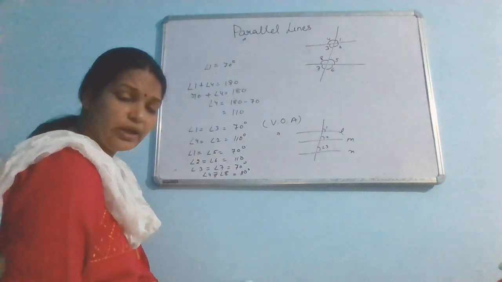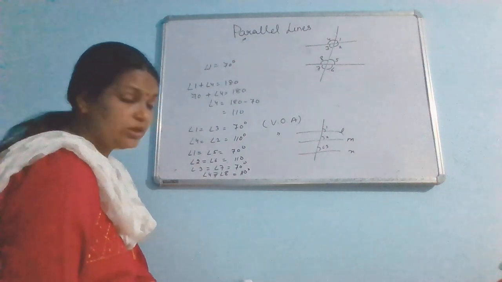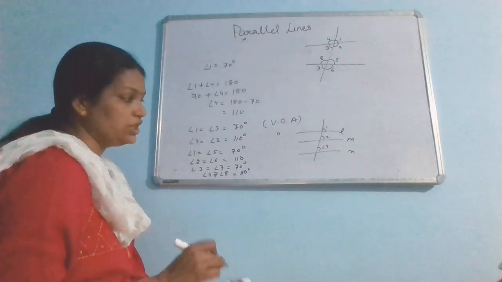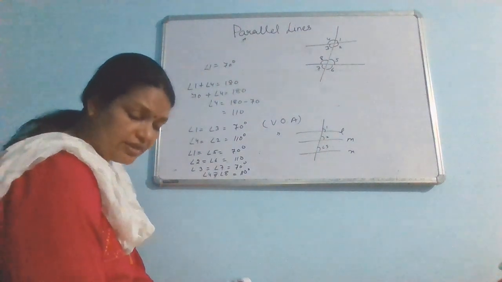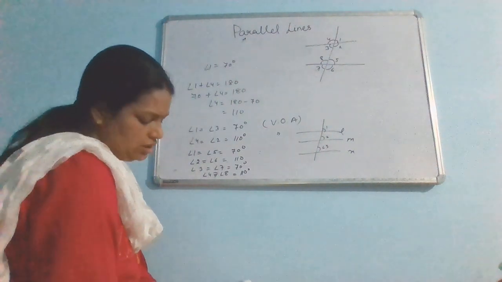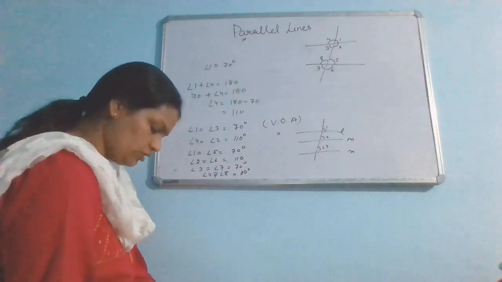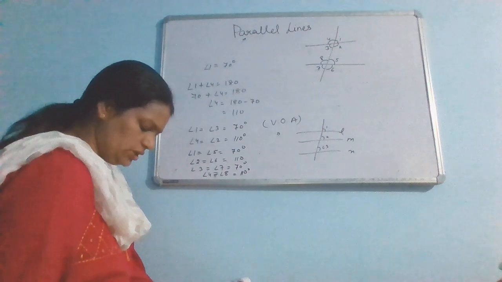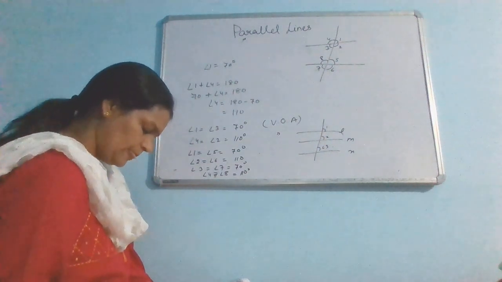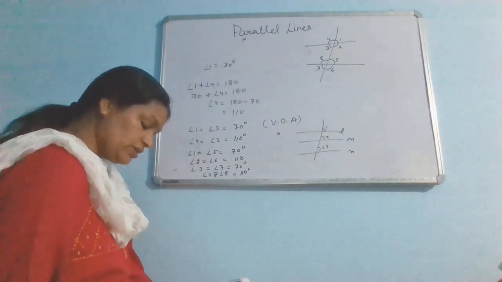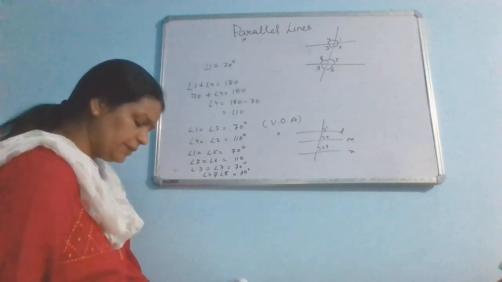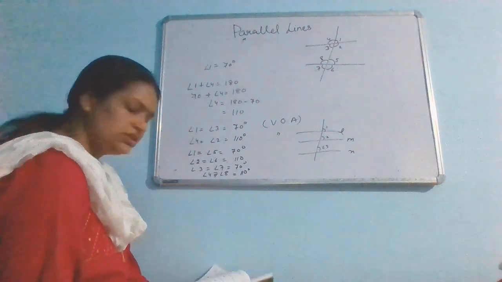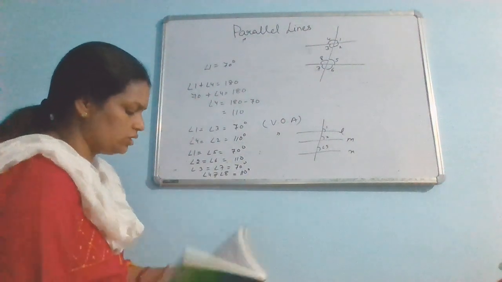Similarly, angle 2 is equal to angle 3 because M is parallel to N. Now if angle 1 is equal to angle 2 is equal to angle 3, this is obvious, angle 1 is equal to angle 3. So this implies L is parallel to N. So we have proved that two lines which are parallel to the same given line are parallel to each other also. And similarly, prove that two lines which are perpendicular to the same given line in the plane are parallel to each other. The same thing we can do over there also.